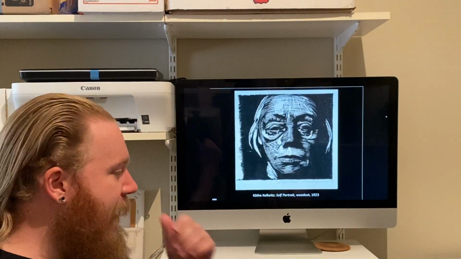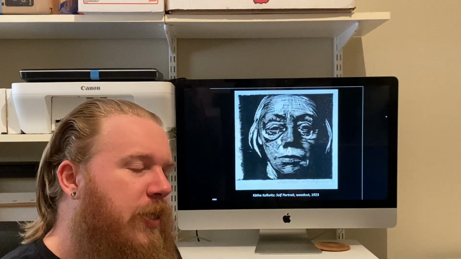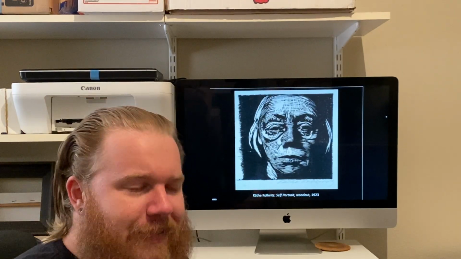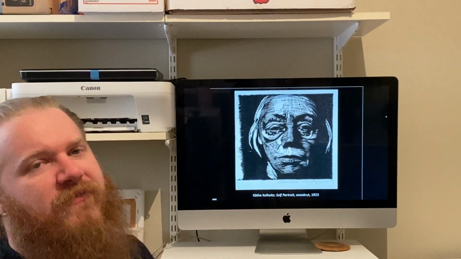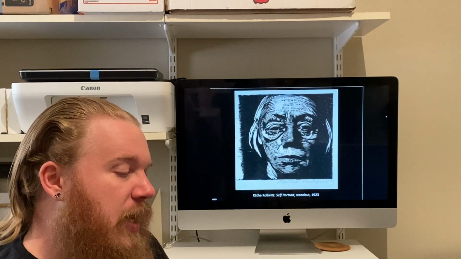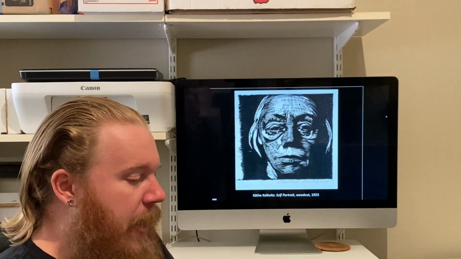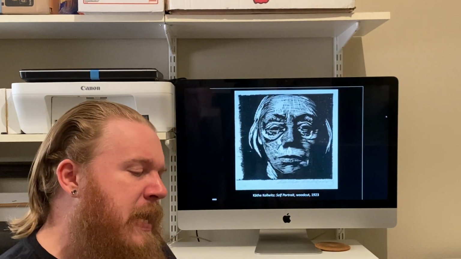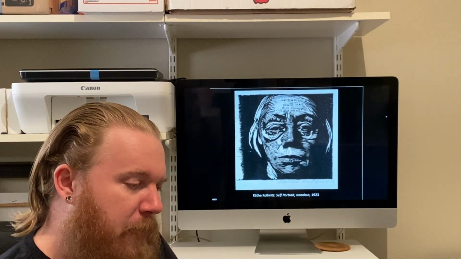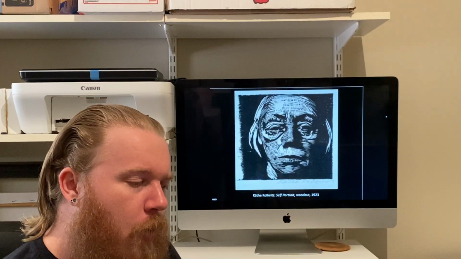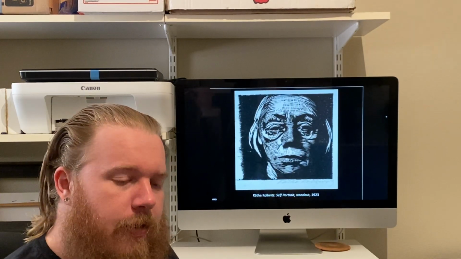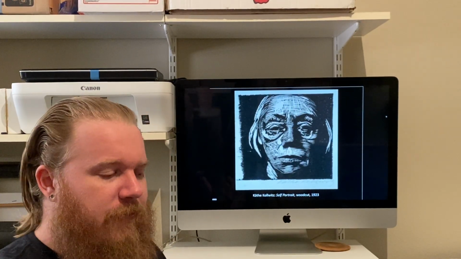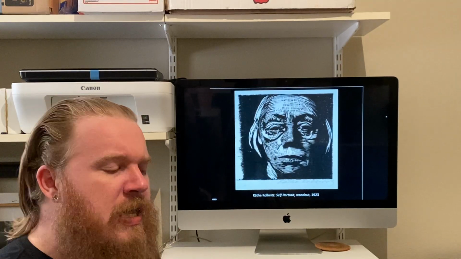However, we do also have contemporary people dealing with woodcut as well, or more contemporary people. Here we see one of the other more famous examples. This is Käthe Kollwitz, and a self-portrait by her. She's a very interesting artist. She is German by birth, but a lot of her work deals with grief and loss, as well as this maternal spirit.